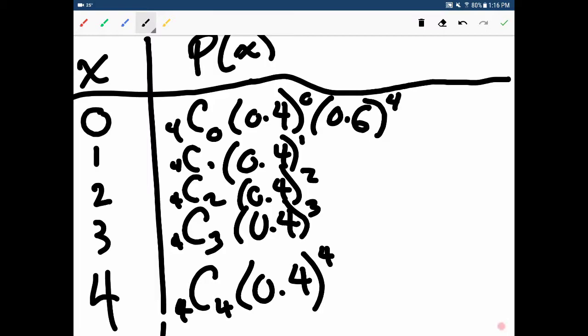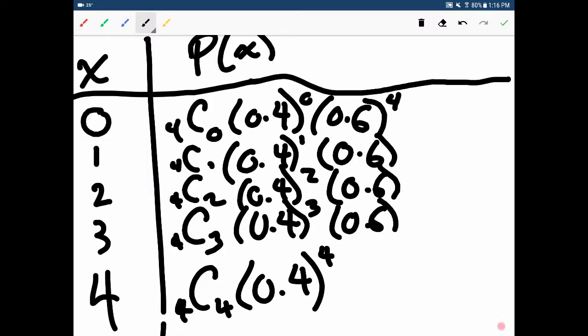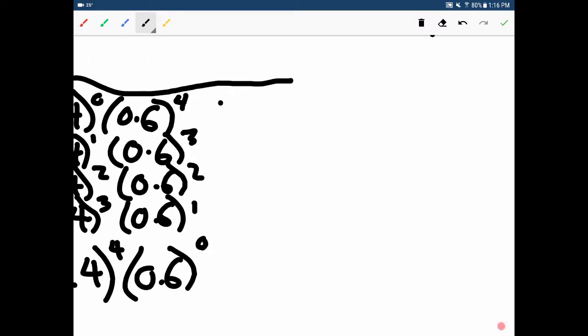And again, it makes sense that it's going up because the number of times we're being successful is increasing. All right, 4, 3, 2, 1, 0. There we go. All right, and you can put them into your calculator yourself again. If you don't believe me, which at the rate I'm going, I would understand, but here we go.